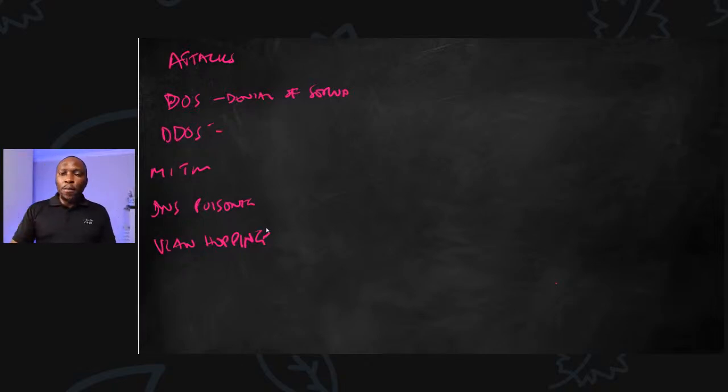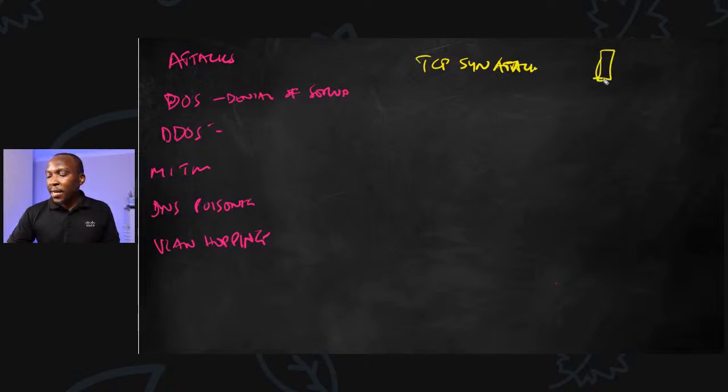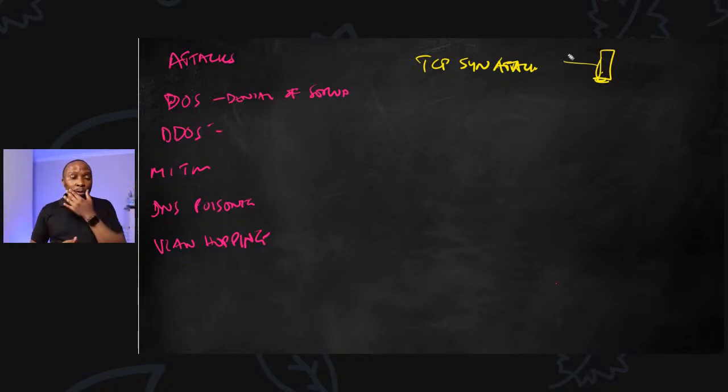And one of the most common denial of service attacks is sending a TCP SYN attack that overwhelms the server, so that it does not have capacity to respond back. And in the process, it uses all its memory, bandwidth, and CPU. And then the normal servers that need access to the network are basically denied because it has been overwhelmed.